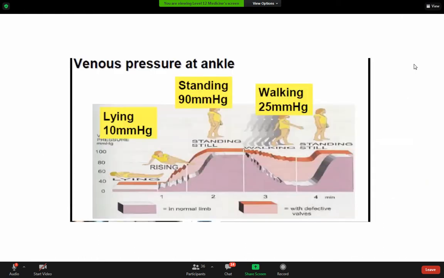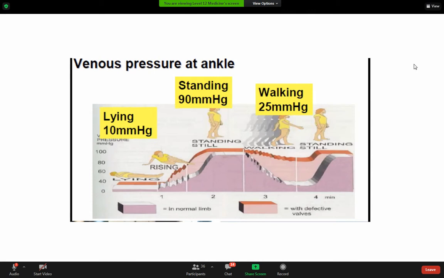If you remember, if the patient is lying down, usually the venous pressure is about 10 millimeter mercury. With standing, it goes up to 90 millimeter mercury. With walking, this pressure, the 90 millimeter mercury, will go down to 25 millimeter mercury because of what? Because of the things that I mentioned just now, اللي هي muscle pump, ankle and foot pump, and breathing.